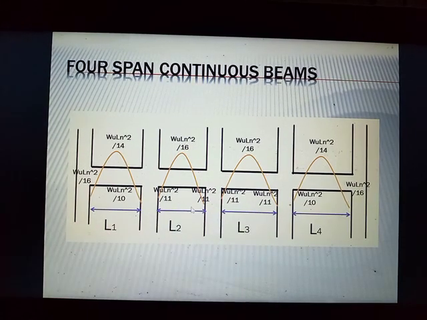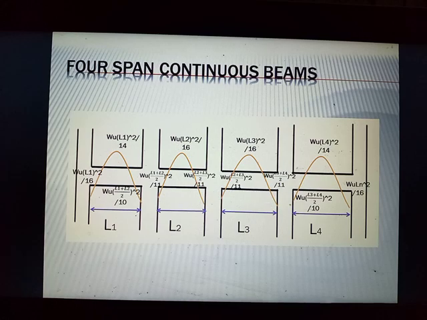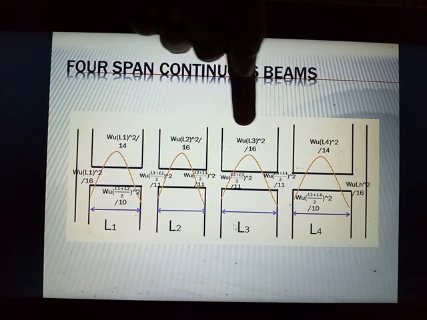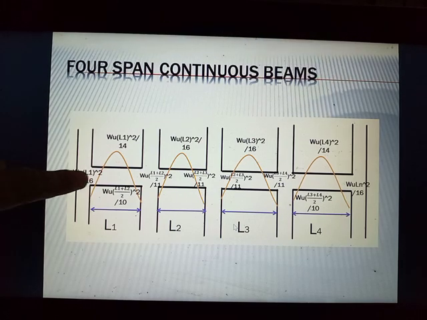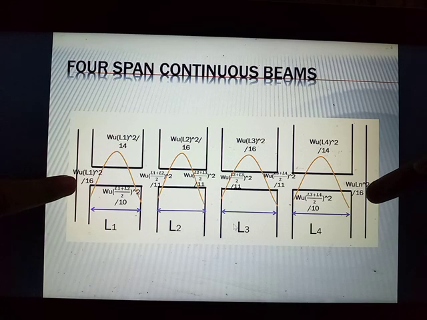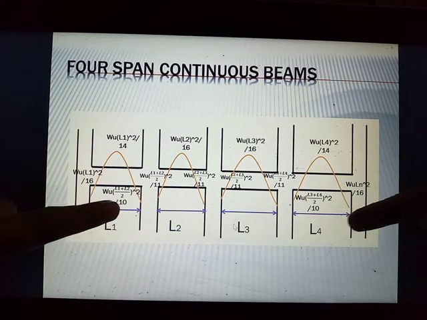So here we are again. For the rule of computing Ln, we use directly the clear span of the beam when computing the positive moments and the exterior negative moments, since the exterior negative moments have no adjacent span other than the end spans.